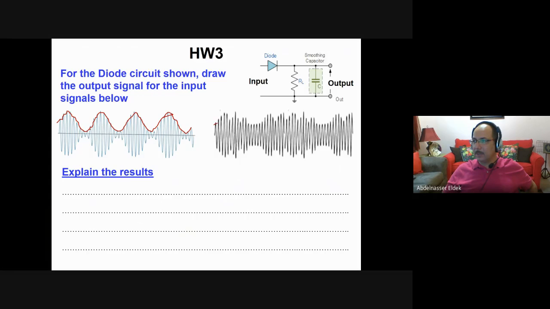This is almost a peak detector also, the same as this. So this one is not. I missed some of them. So you just try to look at the peaks and curve fit them.